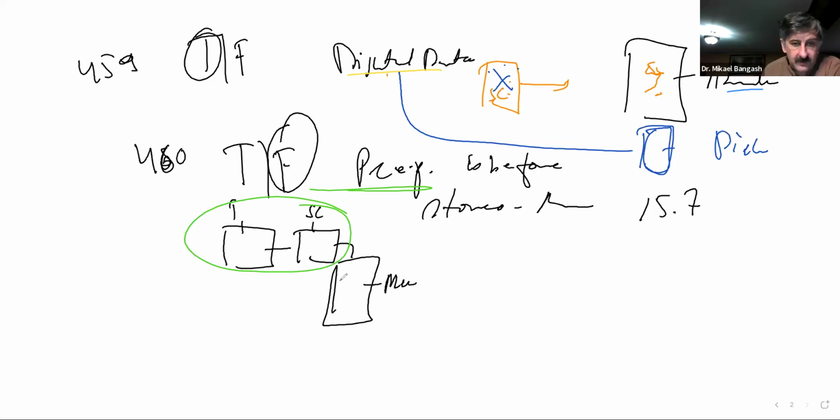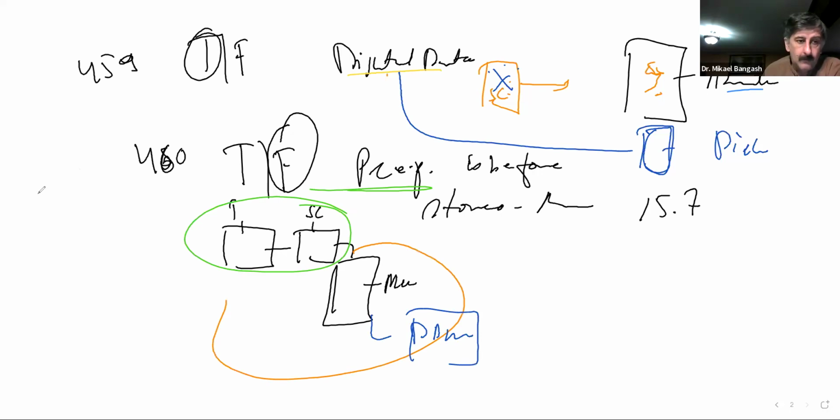Whereas this processing, which happens from here on to display, is post-processing. So what they define here is that after the data has been stored in a scan converter is post-processing. But they say that pre-processing, that's false.